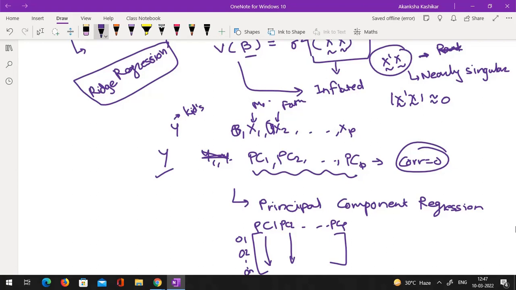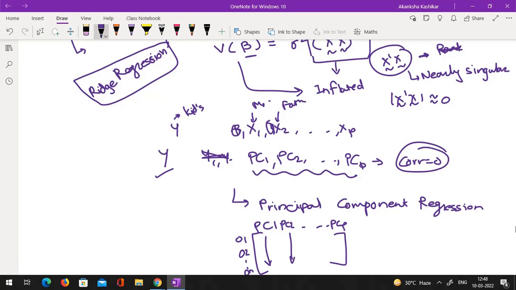Whereas if I use PC1, PC2, ..., PCp, every PC is a mixture of all the xi's. So I cannot really understand the effect of individual original variables, because PCs themselves may not have any interpretation. Understanding the relationship between variables in regression becomes difficult.